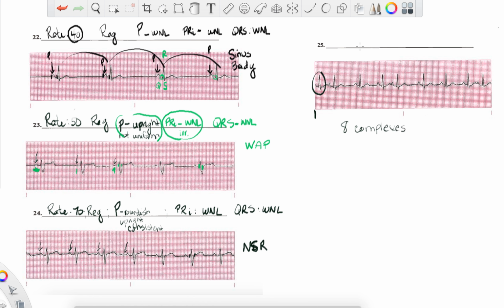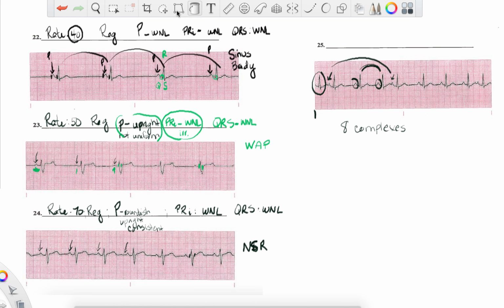Yes? All right, now let's look at the complexes because they don't look the same. Now this one here, look at that P wave. It's very, very pointed. If we look at these 2 QRSs, we can see that the P wave looks pointy-ish, but they look the same as each other. And when we compare it with this P wave, we can see that this one looks the same as this one.